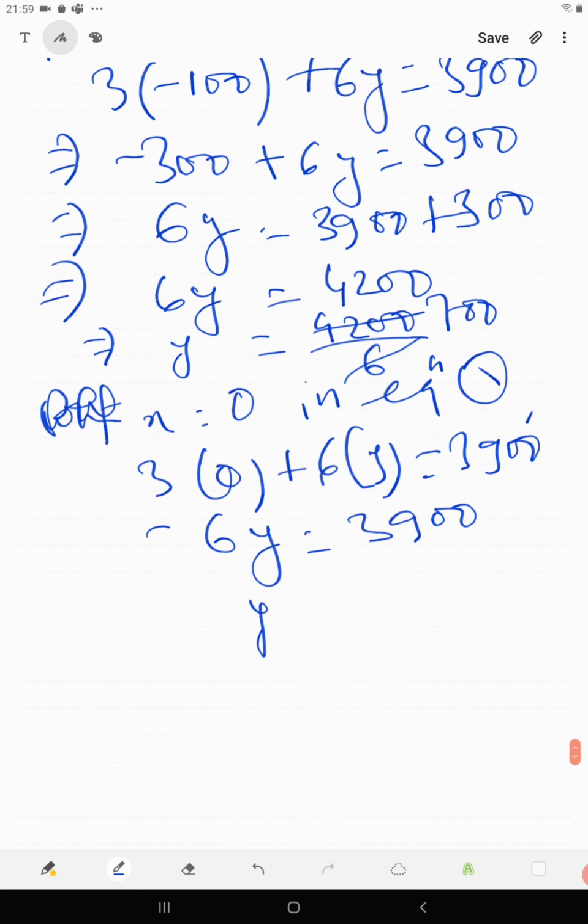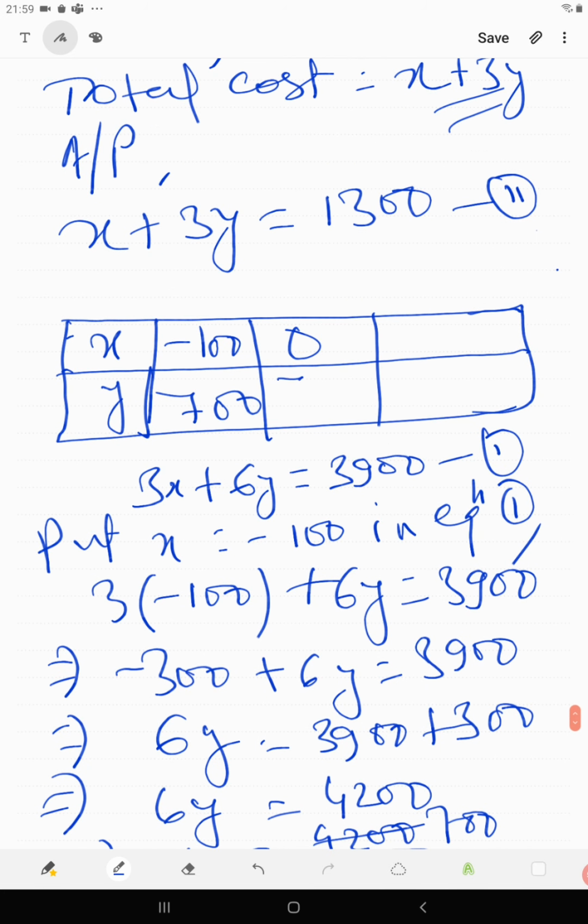So y equals 3900 by 6. 6 6 36, 3 36, so we got 650.